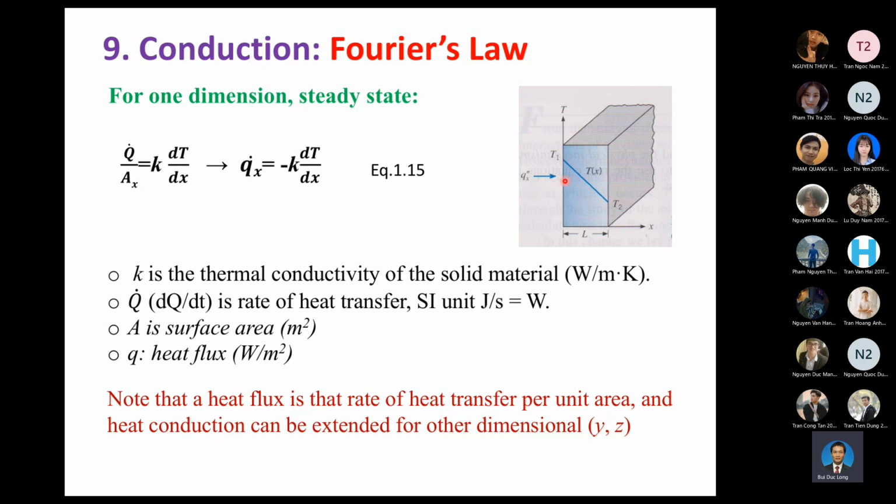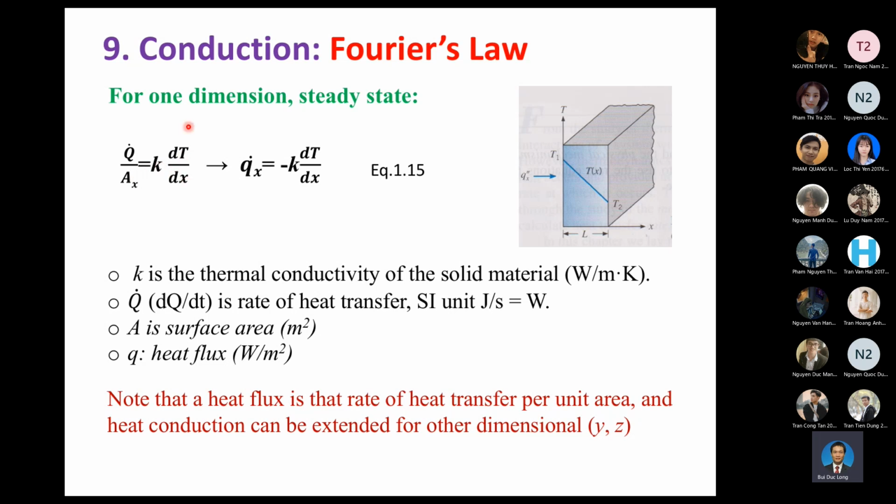So this is the rate of heat transfer. For the law, we consider one dimension in steady state. So q dot divided by A, in x, the rate of heat transfer per area, equals k dT/dx. Or as you already studied, Q equals kA dT/dx.